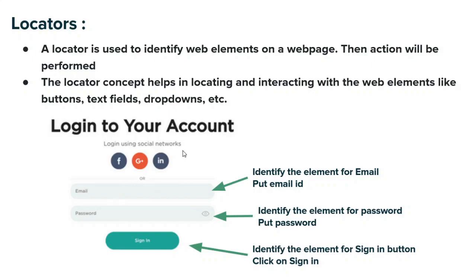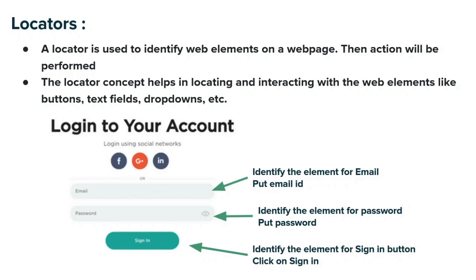So identification of the element is very important, and a locator is used to identify the web element. On any web page, if you want to interact with an element, we first have to locate that element, and only then can we perform certain actions on it. The locator concept helps in locating and interacting with web elements like buttons, text fields, drop downs, etc. A web page can have multiple elements like input fields, buttons, drop downs, links, and so on.